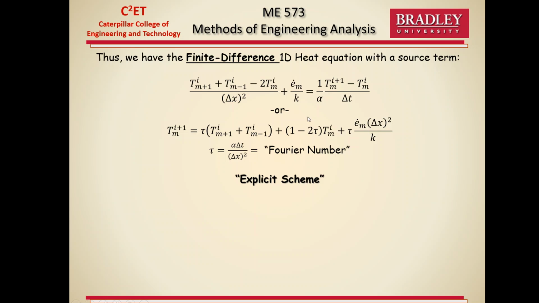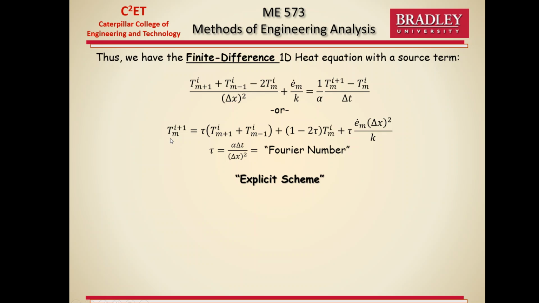Right? So this is the discretized heat equation in one dimension, and you can literally use this equation if you know the distribution of temperatures across the spatial nodes at the initial time. You can use this equation then to march forward in time and calculate the temperature at node M at the later time.